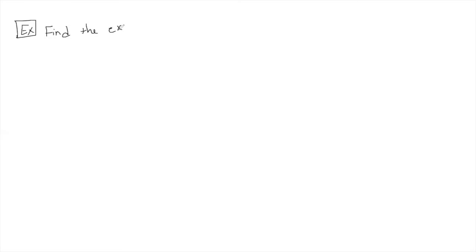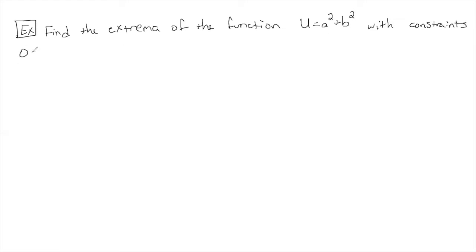Find the extrema of the function, and this is a utility function, a squared plus b squared, with constraints 0 less than or equal to a less than or equal to 50, 0 less than or equal to b less than or equal to 100, and 2a plus b equals 100.